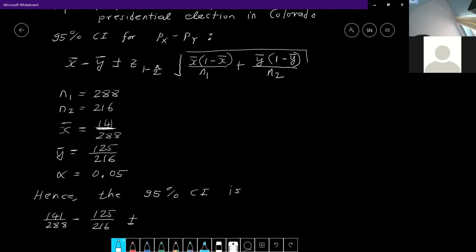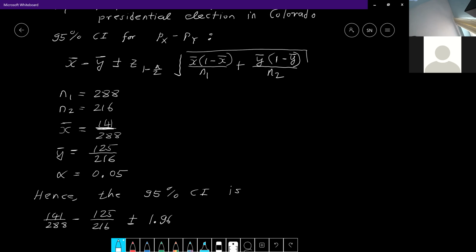The percentile from the normal distribution is 1.96, right? I'm sure all of you know. I showed you a long time ago how to read the normal table.